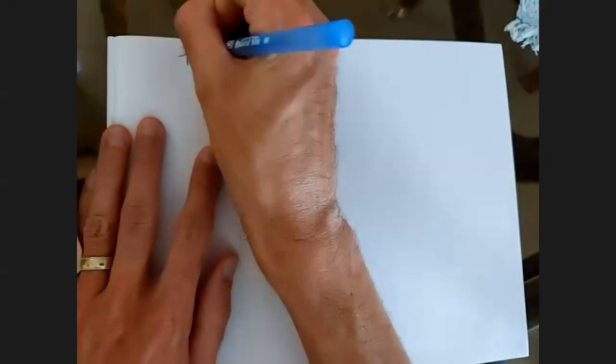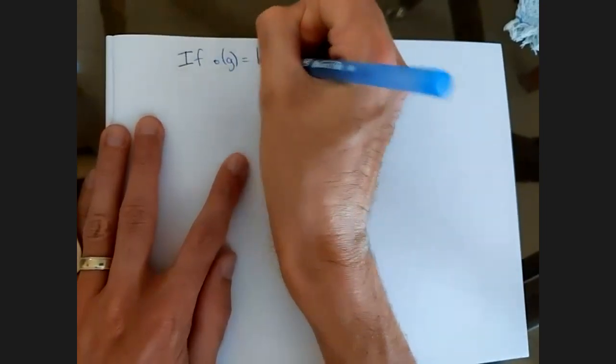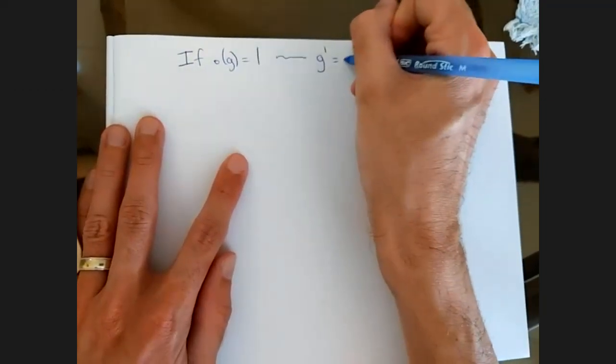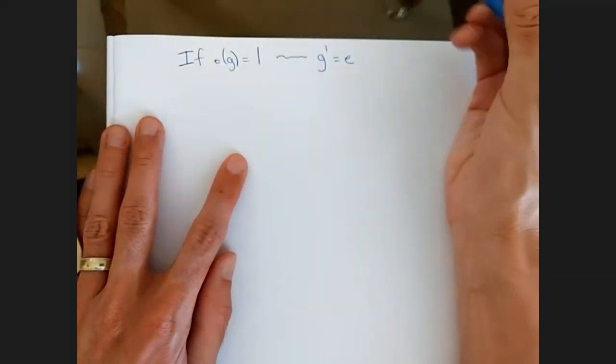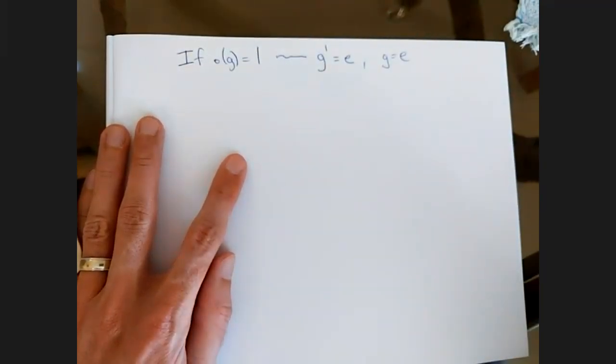Now we just need to remember, if an element has order 1, what does that mean? If the order of g equals 1, that just means that g to the 1 equals the identity. In other words, it's only the identity. g equals the identity. So we know that in a group, there's only one identity.